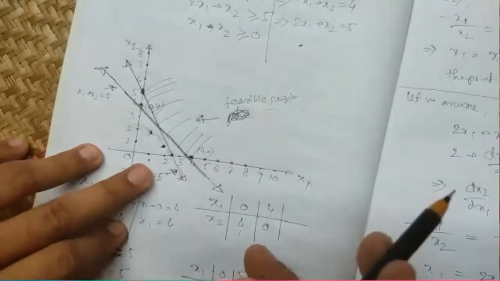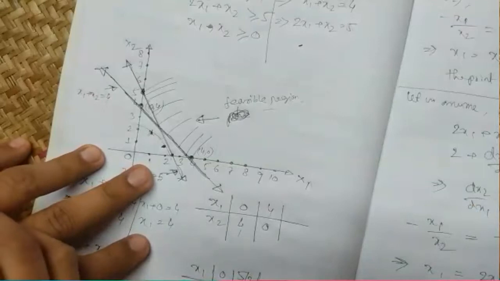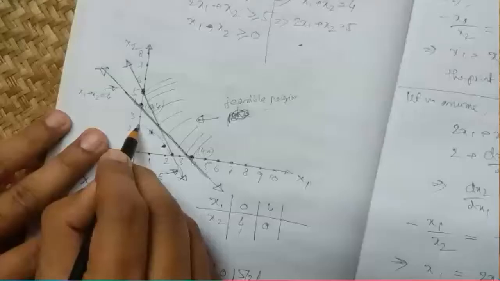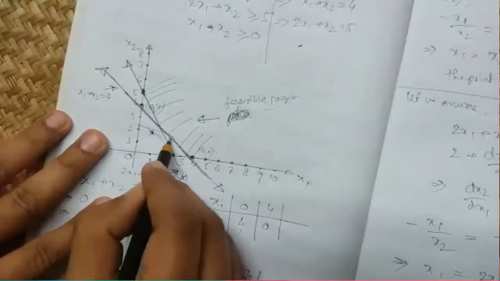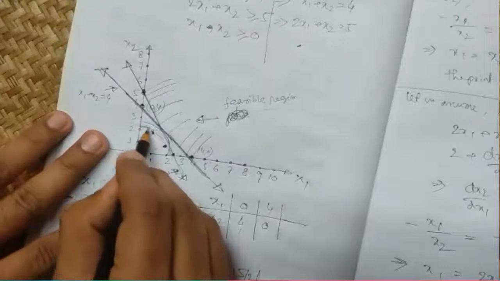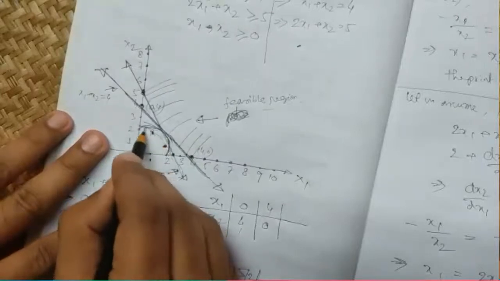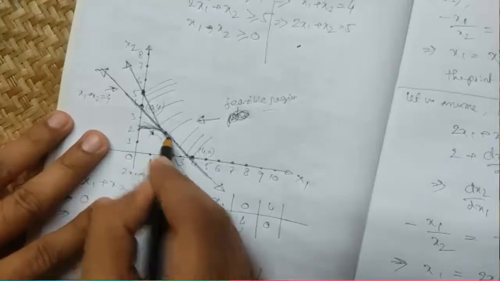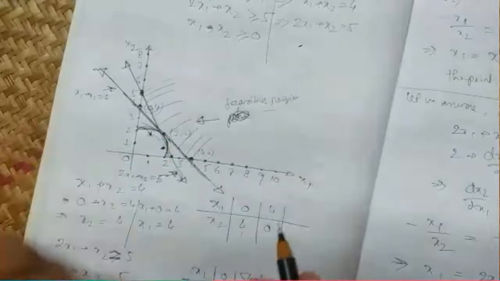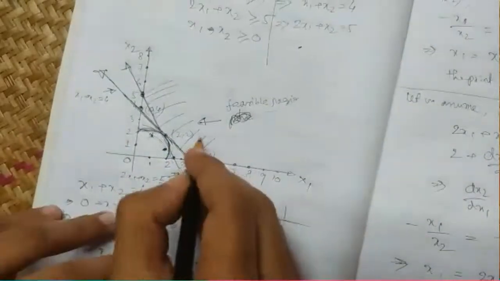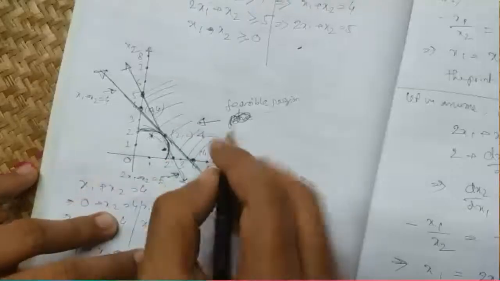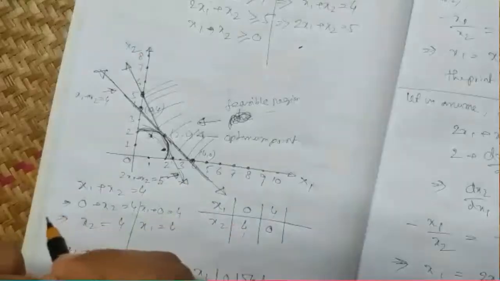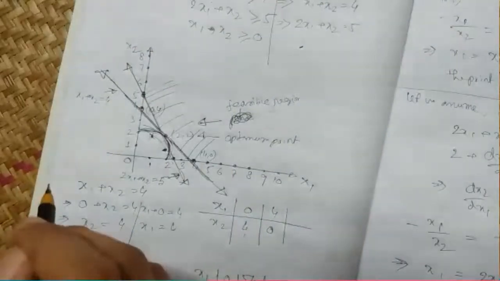So this point 2 comma 2 is shown to be on the constraint 1 line. So this circle will be touching, I have not drawn it properly, that's why the problem is. So it will touch about here at 2 comma 2, and so this will be the optimum point, which satisfies the constraints as well as the objective z.